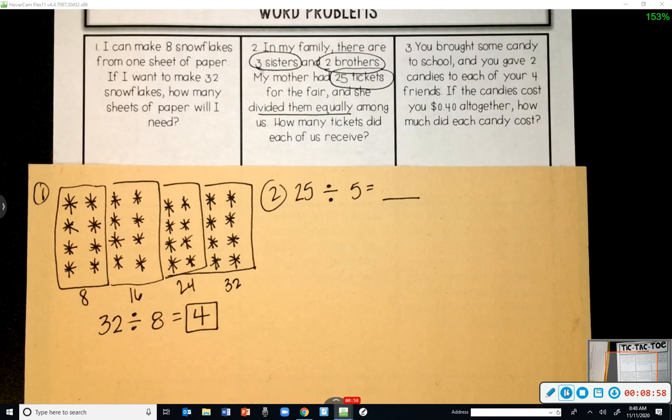Okay, good. I'm looking around the room. I see some equal groups, 5 groups. I see an array with 5 rows. Lots of arrays. Evangeline, what'd you do?